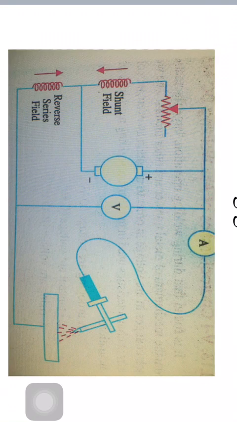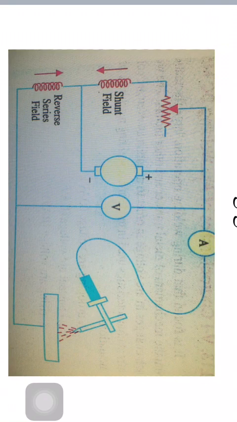Matters are so arranged that despite changes in arc voltage due to variations in arc length, current remains practically constant.